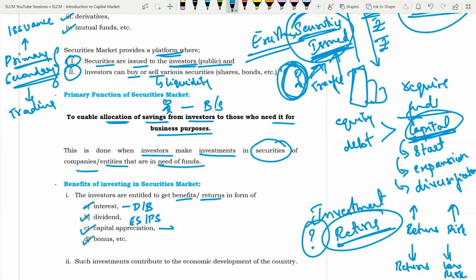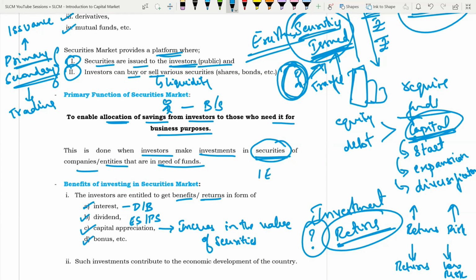Now, what is capital appreciation? Capital appreciation is nothing but the increase in the value of security. Securities are issued. For example, initially, when a company has issued the security, you bought one security. Let us take an example of equity share only, because equity share is a form of security.